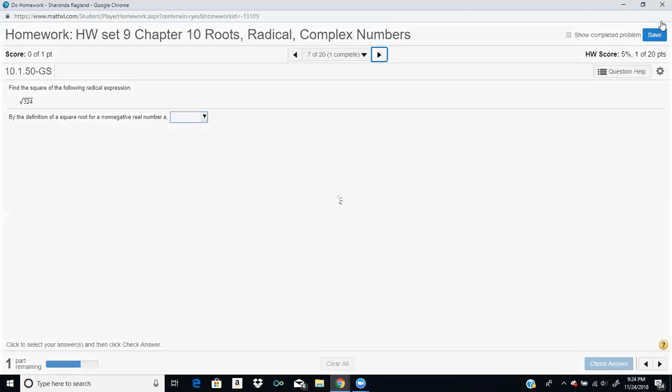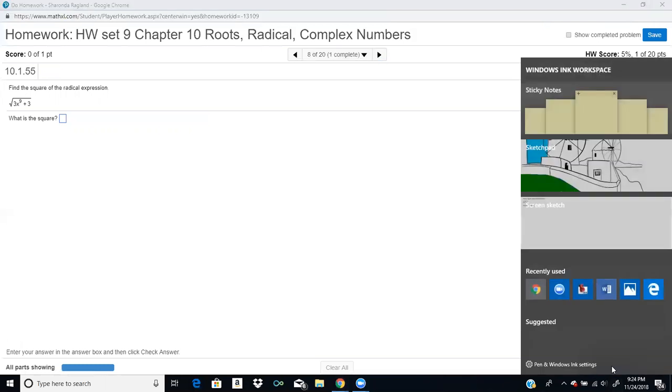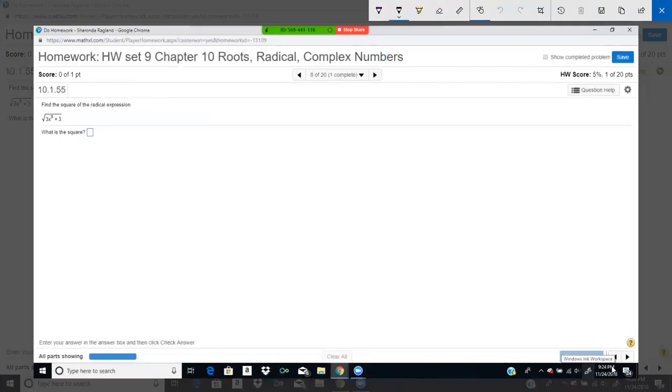And so another one. Here, find the square of the radical expression. This is what I want you to know: if you square a square root, you're just going to be left with what's inside, because these cancel.